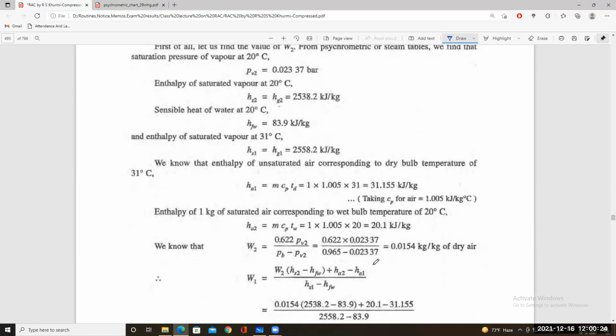We know W2 is the specific humidity or humidity ratio, given by the partial pressure Pv2 and the barometric pressure.